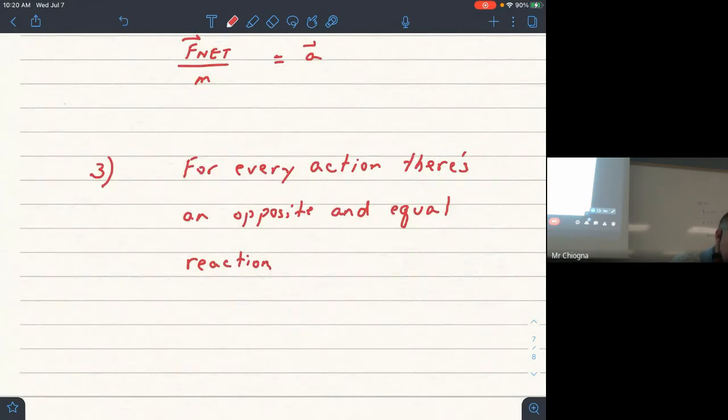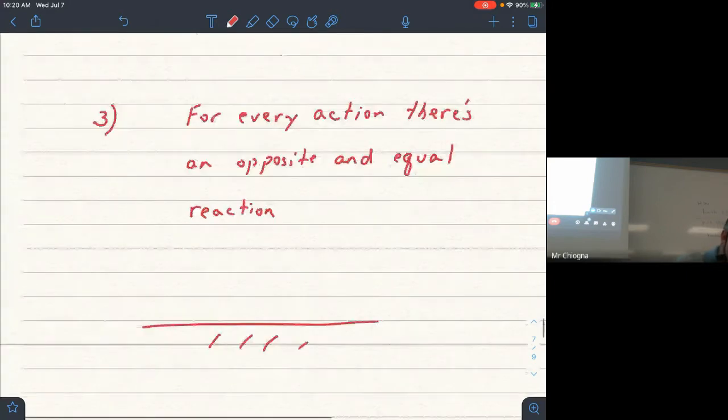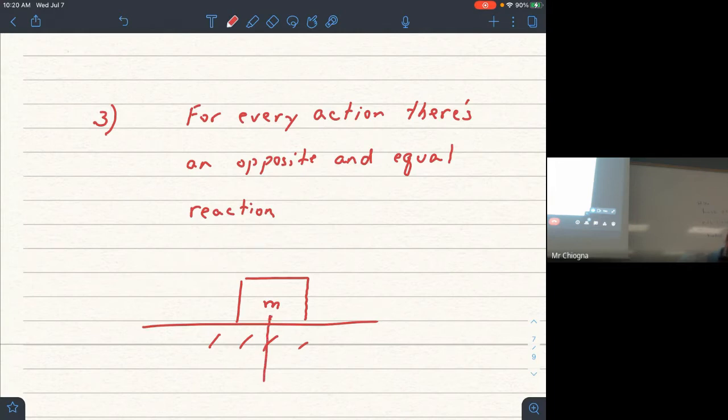The very simple example is just placing a block on the floor, like we talked about. The floor is going to feel a force because the object's pressing against it. So the floor feels a force down equal to the weight of the object.